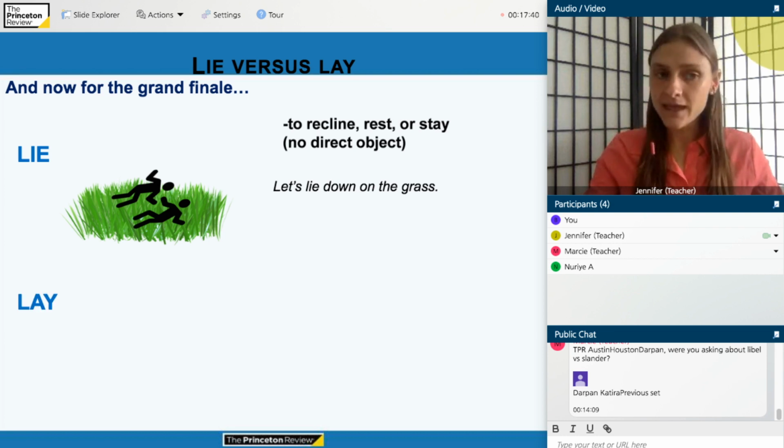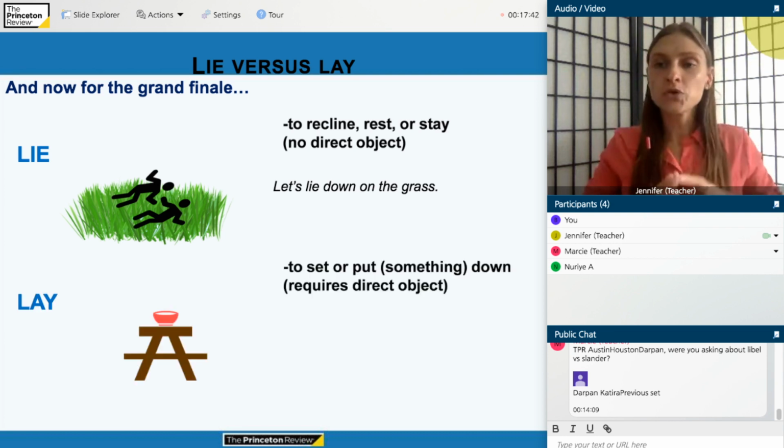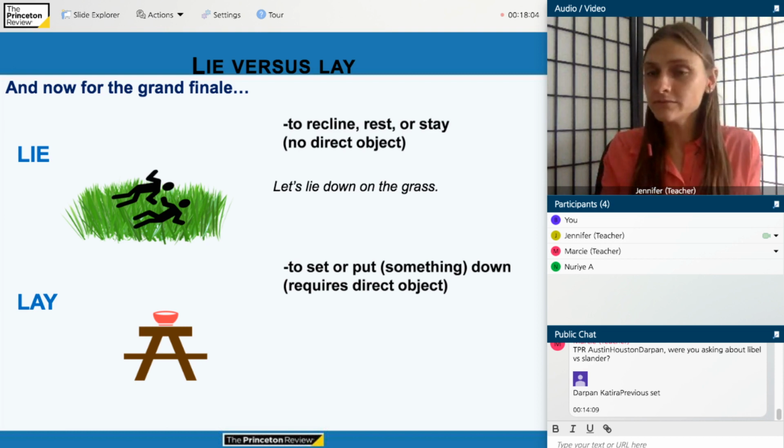Whereas lay, this is where you're putting something down. You're placing something. You're setting something down. I can't say I lay in the present tense. And I'm clarifying present tense, you'll see why in just a moment. But if I say I lay and I intend that in the present tense, I've got to tell you what. I lay down the pencil on the desk.